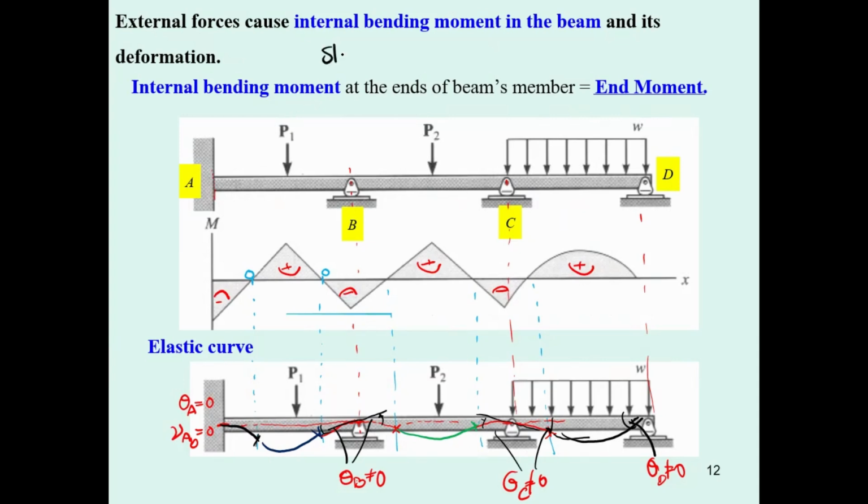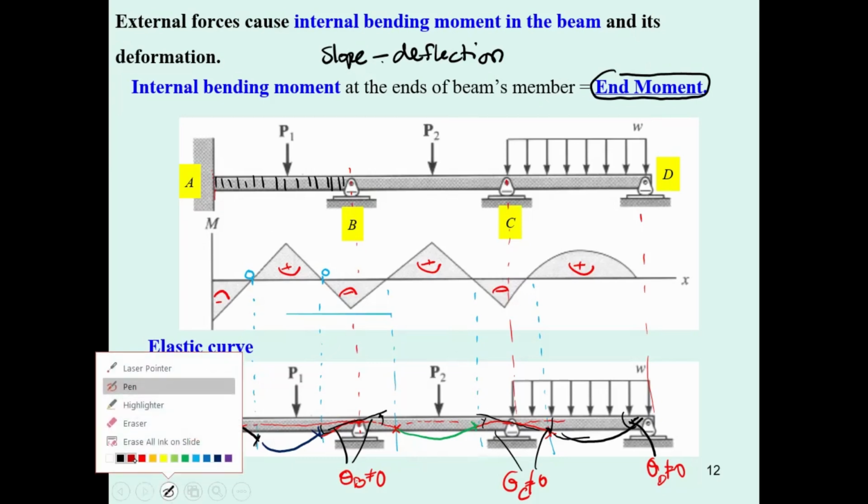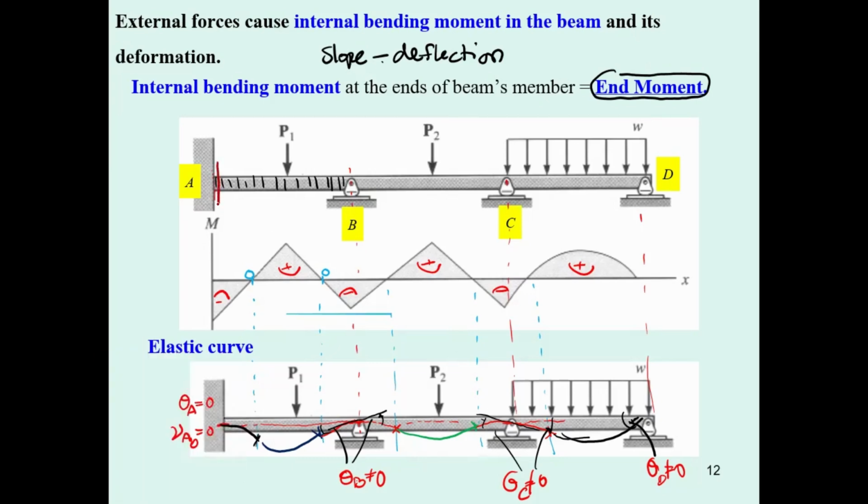Now, Ajahn should say something. In the slope deflection method, we're going to introduce you to another term. We call it end moment. What's going to be the end moment? Say this is your member AB, there is a point here and there is a point here.